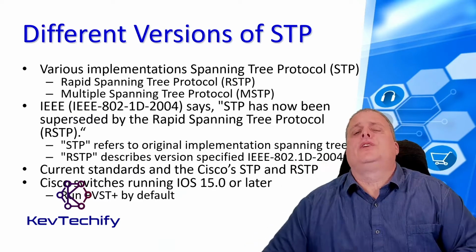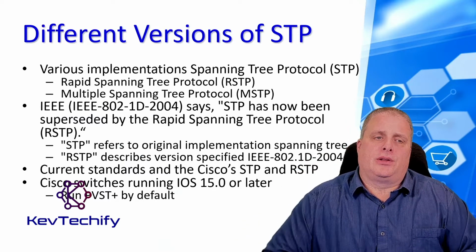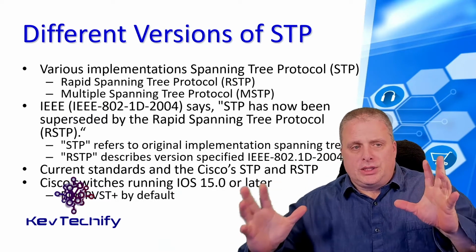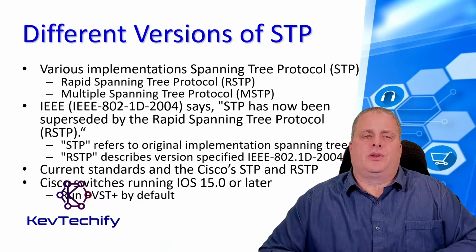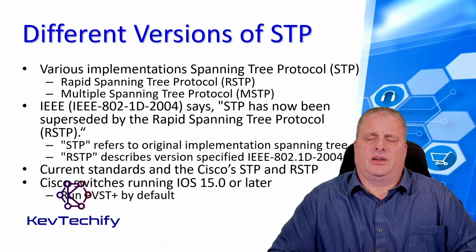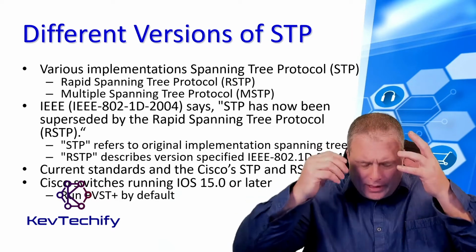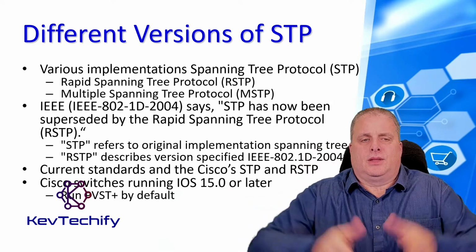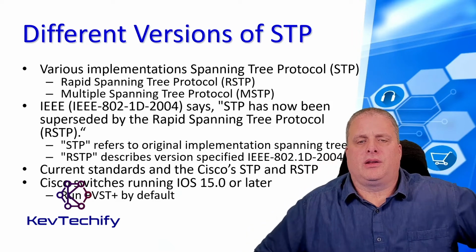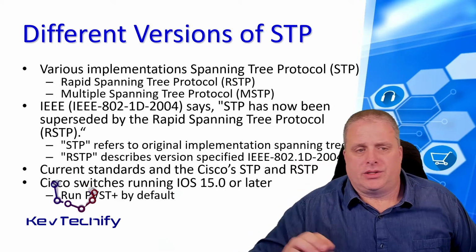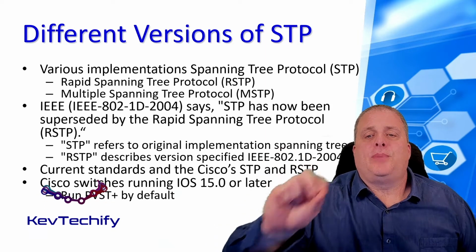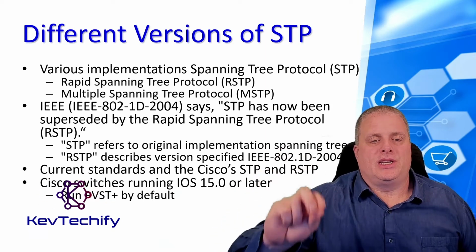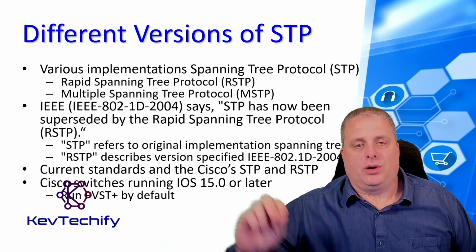There are different versions of spanning tree protocol out there. There's the rapid spanning tree, there's the multiple spanning tree protocol, there's a couple other ones out there. But the IEEE, the people that make these protocols, in this document I have listed here, IEEE 802.1D-2004, it says STP has now been superseded by rapid spanning tree protocol.